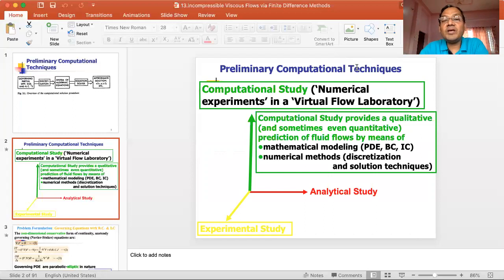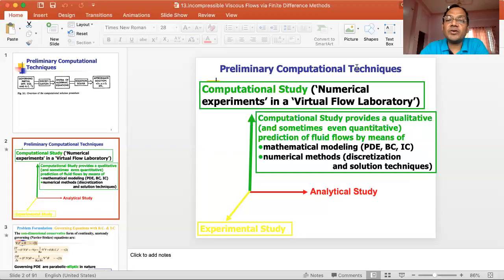Computational here means we shall do a numerical experiment in a virtual flow laboratory. Virtual means in the computer. We will not be going to any laboratory; we will be doing the numerical experiment in the computer only, which we define as a computational study.